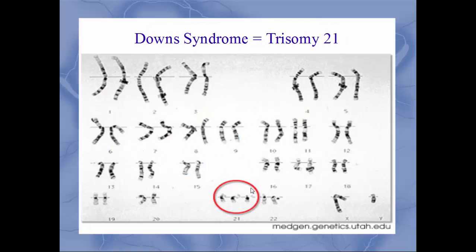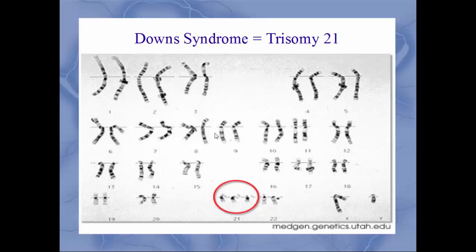Alright, the next few, I'll show you karyotypes of some common diseases and how you can diagnose them just by looking at the karyotype. The first one is Down syndrome. The more formal name is trisomy 21, and it's called that because there are three bodies, trisomy or trisomic, three bodies of chromosome number 21.